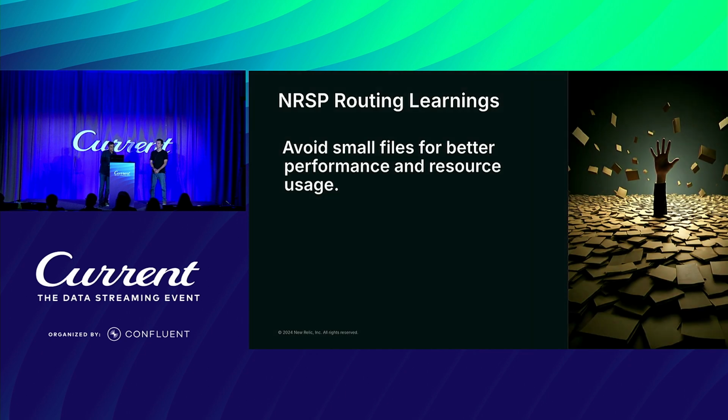The next one is to avoid small files. Anytime you're streaming over S3, try to avoid small files. In some cases, it's not possible. The way that Apache Paimon and Iceberg deal with this problem is by running a process called compaction. What compaction does is it takes a bunch of small files and merges them together to make larger files.